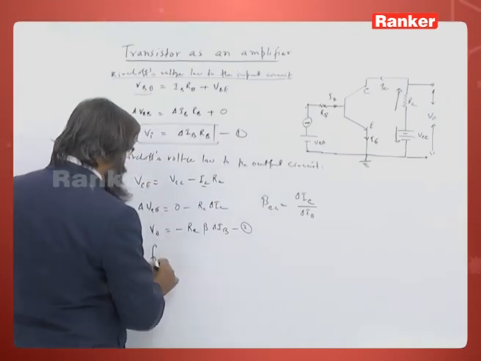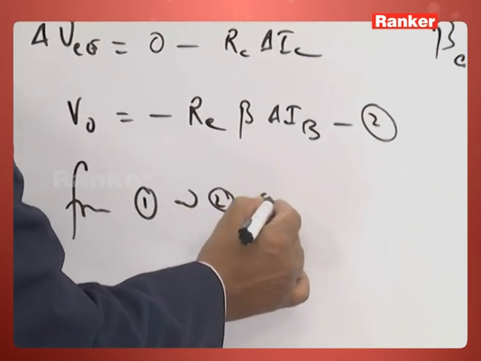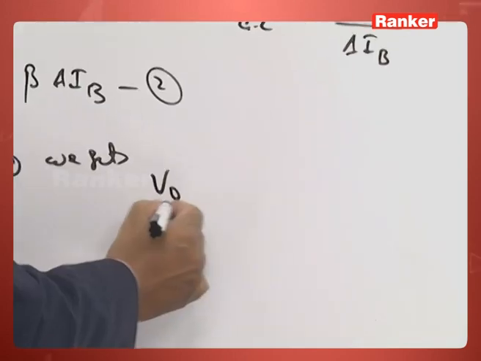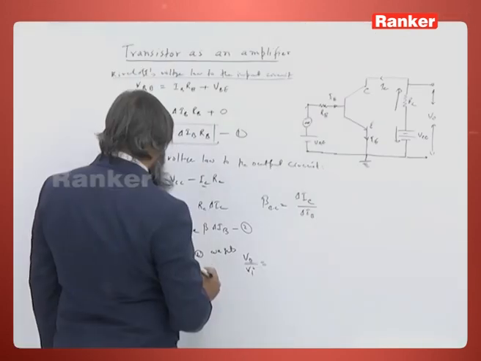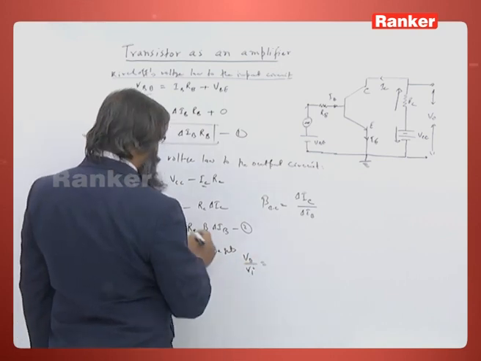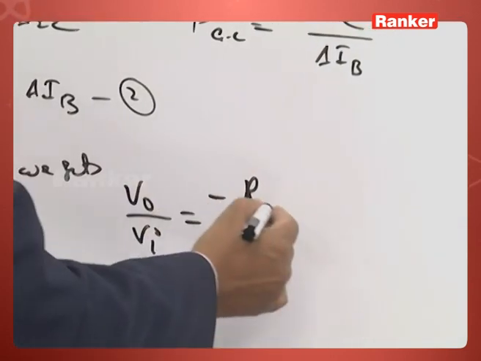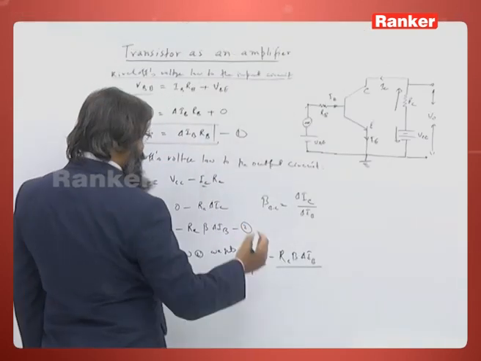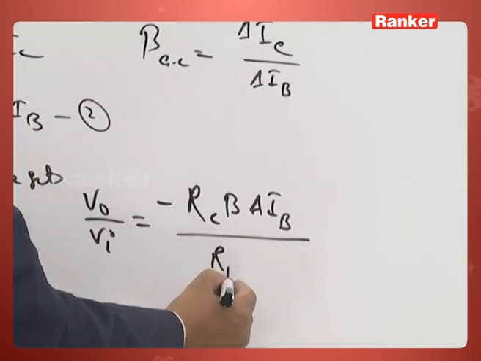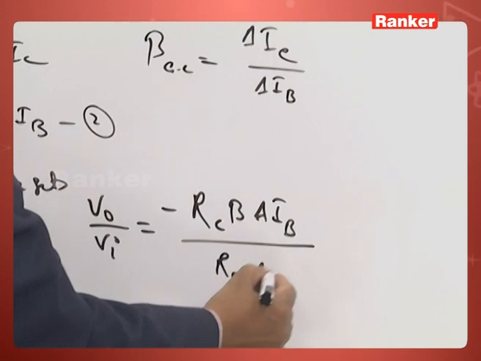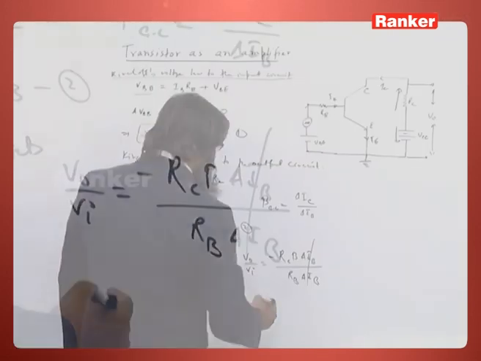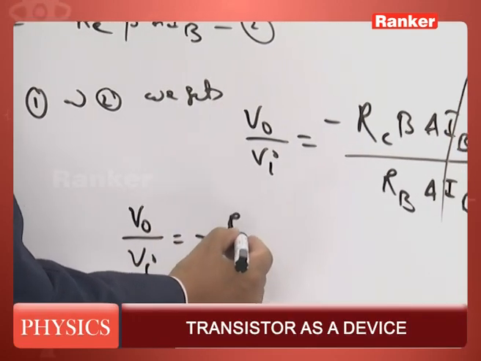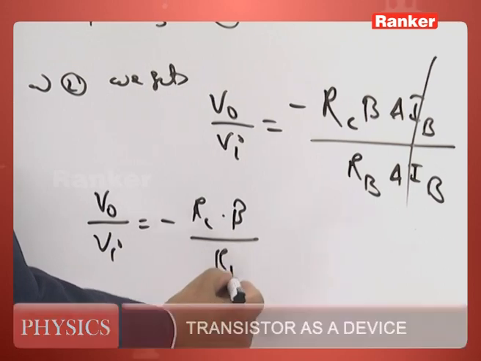This is equation 2. Now from 1 and 2, we get V naught by V input, that is V output by V input, equal to minus RC beta delta IB upon RB times delta IB. This cancels out. So we have V naught by V input as minus RC times beta by RB.